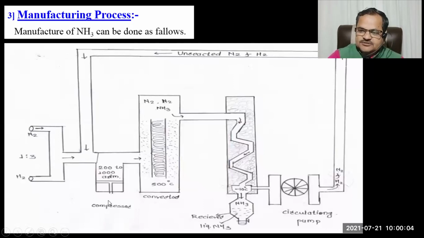This is the compressor. Here, this is the opening. The gases will come into this compressor, and here is also one of the window or a gate. When the reactant gases are introduced into this compressor, these gases are compressed with the help of this compressor to about 200 to 1000 atmospheric pressure.